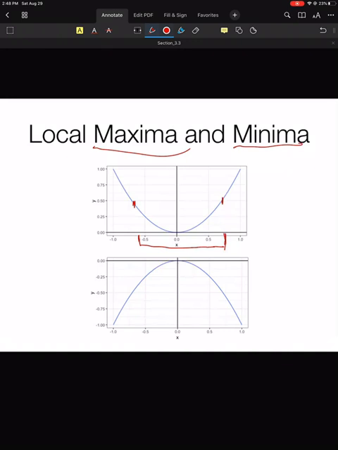Is there some point on the blue line that's lower than all of the other ones? The answer is yes, and it turns out to be at 0, 0, right where my red dot is.